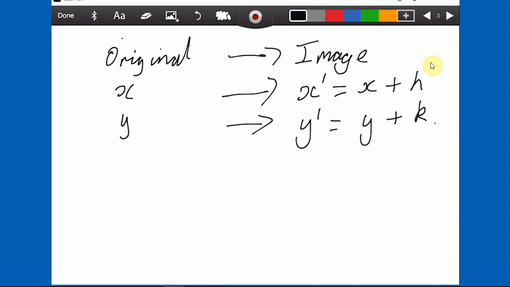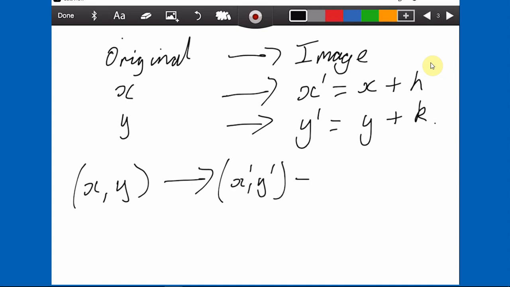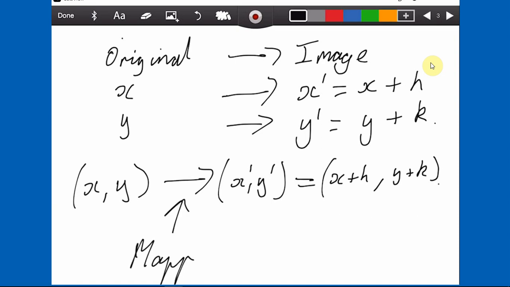You could write it in coordinate form, x and y to x dashed y dashed, and x dashed y dashed, of course, are x plus h and y plus k. And this is known as a mapping. So we're mapping from our original to our image. Those things with the dashes on them are our images.